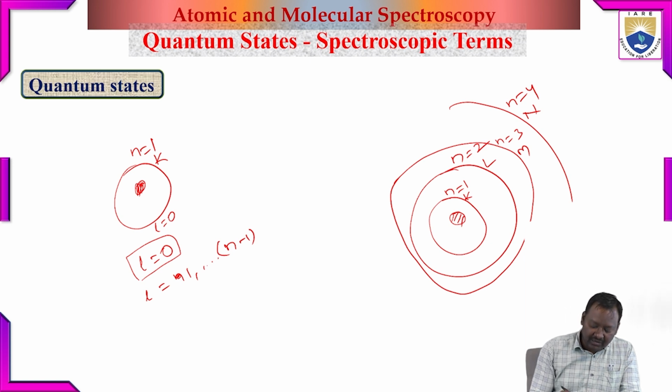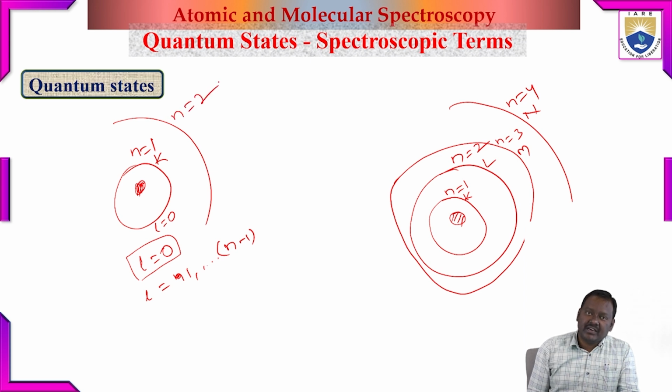But if we consider elliptical orbits, for example, n equal to 2, the second orbit, we can see l values l equal to 0 and 1. There are two l values.